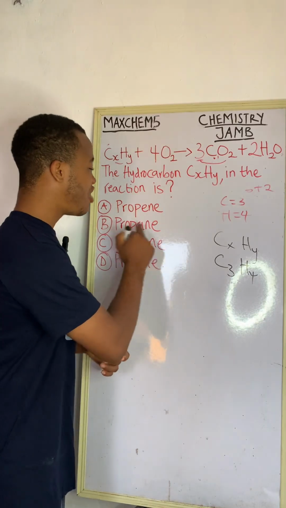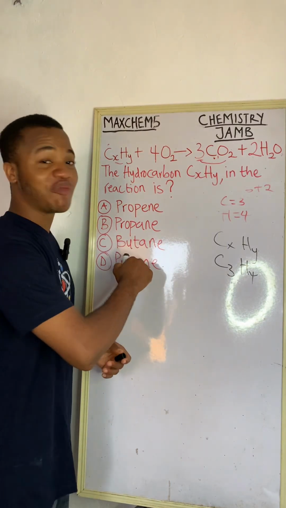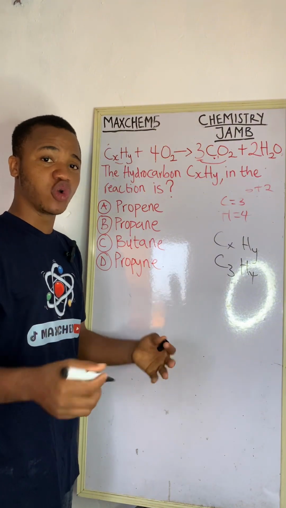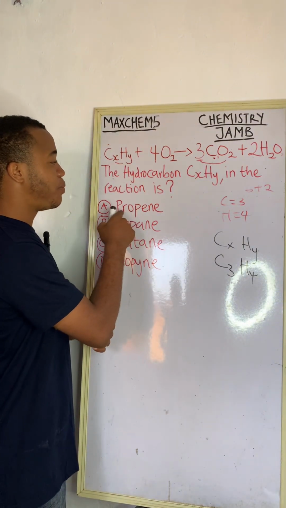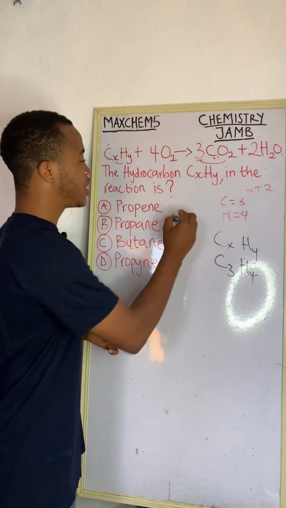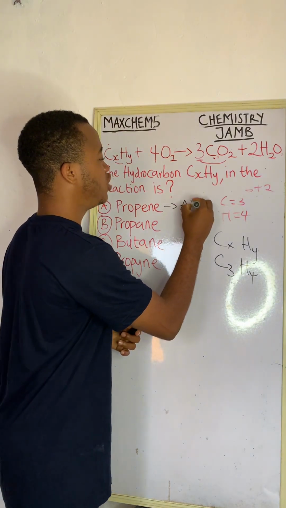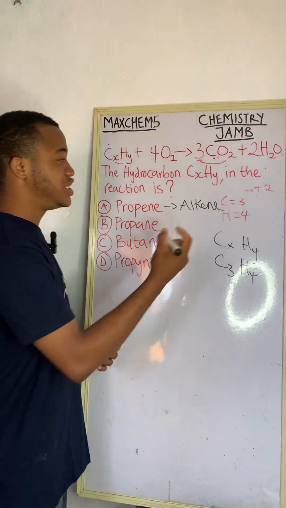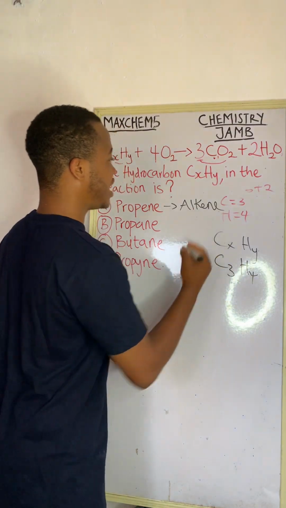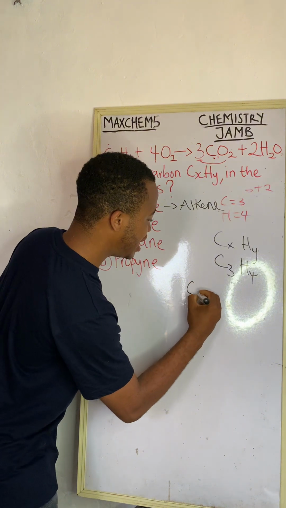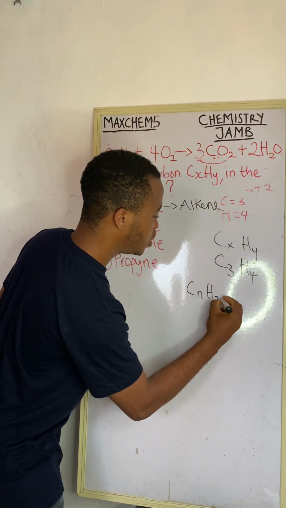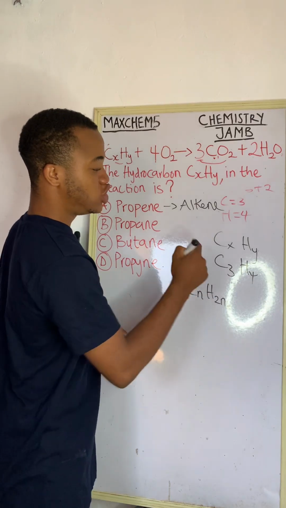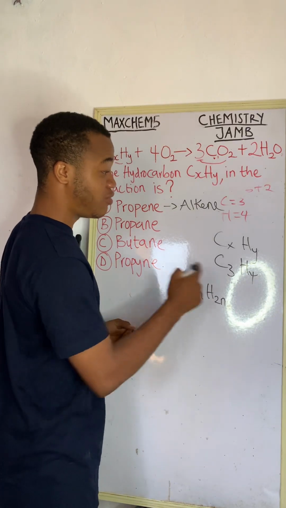We have propane, we have butane, we also have propene. To know the correct one, you need to have good knowledge of the homologous series. This particular option, propene, belongs to the alkene homologous series. The general formula for the alkene homologous series, I've said it in one of my videos, is CnH2n, where n is the number of carbon, and we know for sure that the number of carbon is 3.